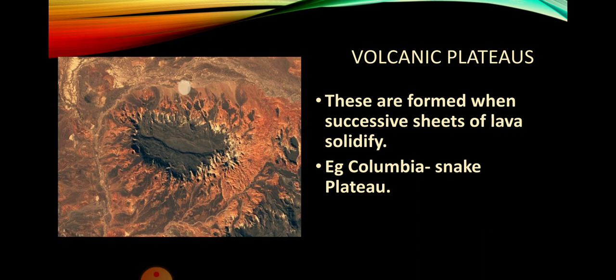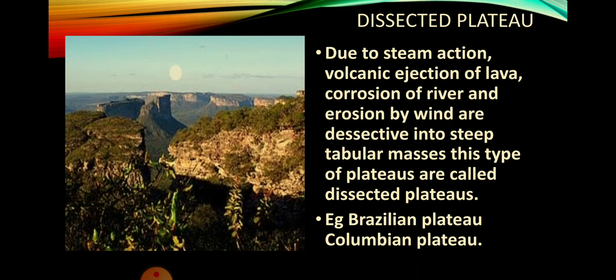Now the next plateau is a dissected plateau. Due to stream action, volcanic eruption of lava, corrosion by rivers and erosion by wind, plateaus are dissected into steep tabular masses. This type of plateau is called a dissected plateau.